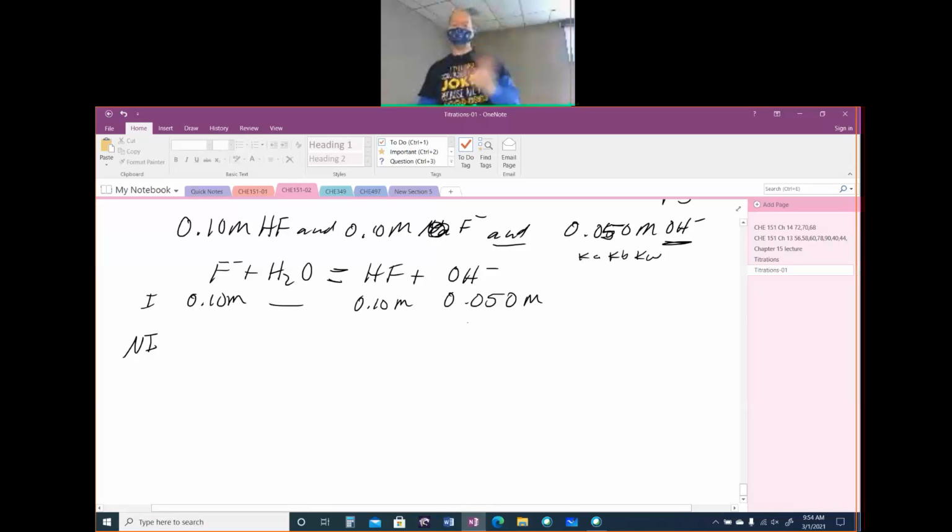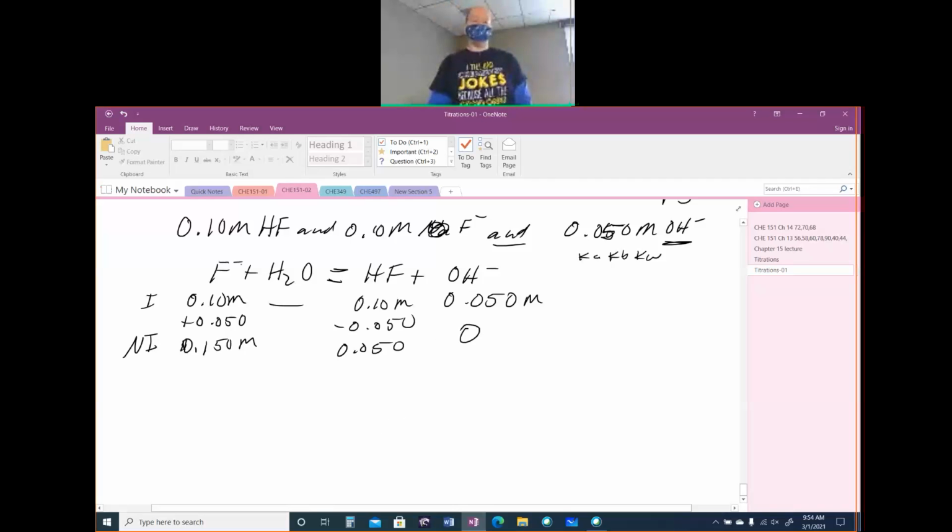All right, and so something on the right is going to go to 0, the one that is the smaller amount. And so we are going to run out of my OH minus here, 0, because we reacted 0.050, and that made 0.050. And so now we have 0.050 left of our HF, and we have 0.150 molar of the F minus.